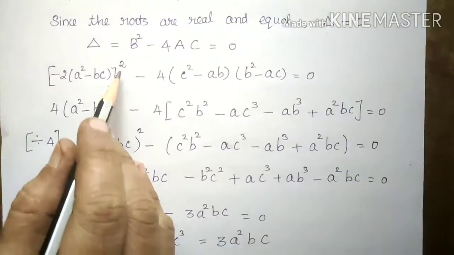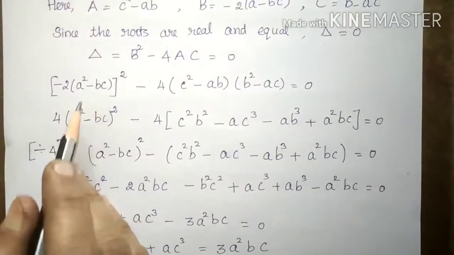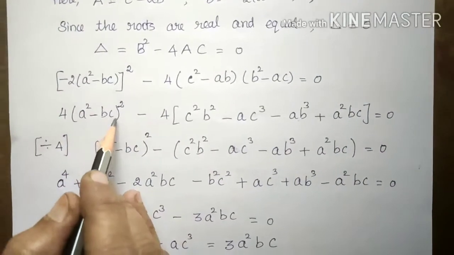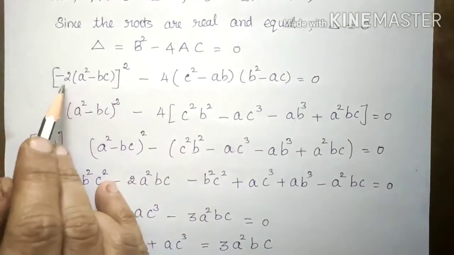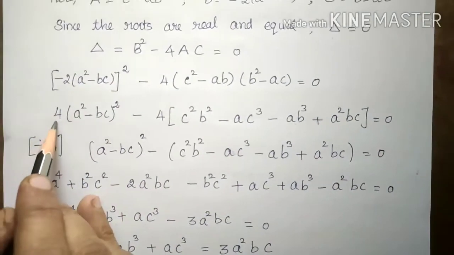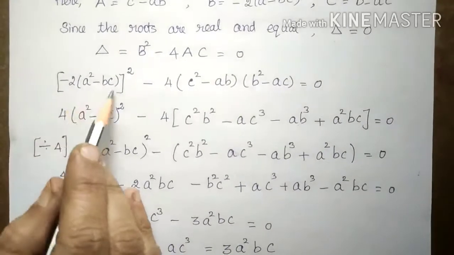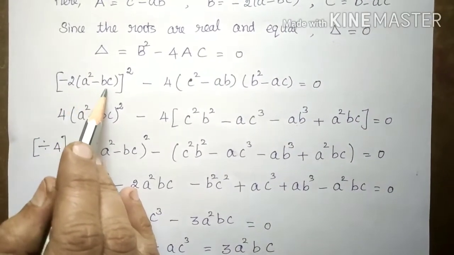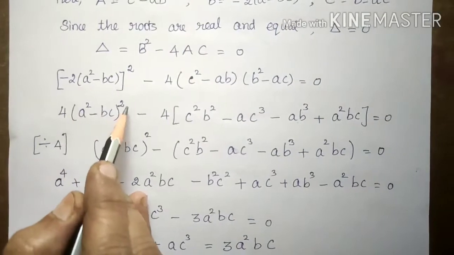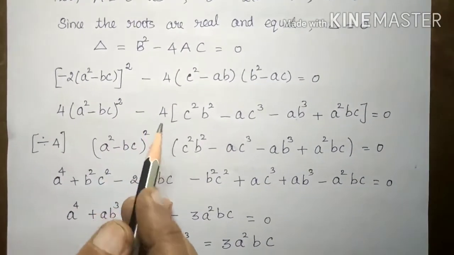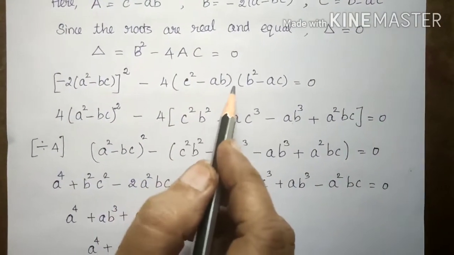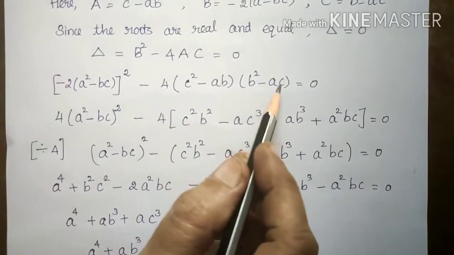Now minus 2 the whole squared is 4, and we write (a squared minus bc) the whole squared, because the square was taken for the number 2 as well. Now we are going to remove the bracket, that means multiply the terms inside.